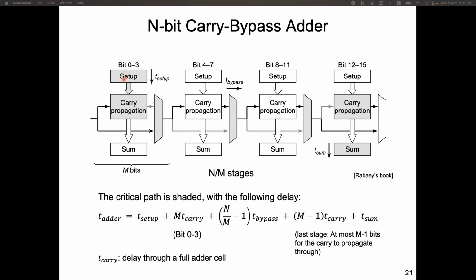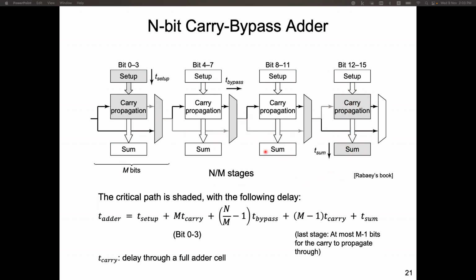So the worst case is like this. The signal goes from here to here, and through this multiplexer, and here, shaded here, a multiplexer, here, a multiplexer, then goes into the last stage. In the last stage, you cannot escape the carrier propagation. And then you generate a sum.